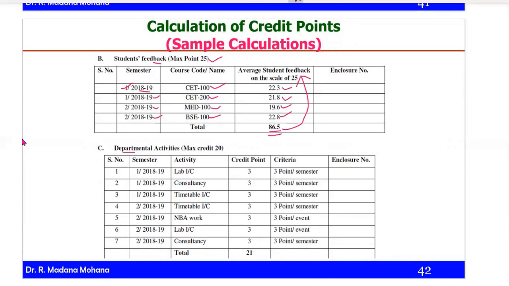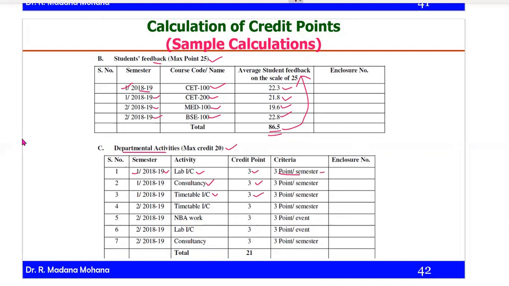Then the next parameter, departmental activities, maximum weightage is 20. Some sample activities related to the department are given here. For one academic year, first semester, you are a lab in charge. Then consultancy, you are linked with consultancy or timetable in charge. For example, first semester, you are having 3 responsibilities. Each activity is 3 points per semester.